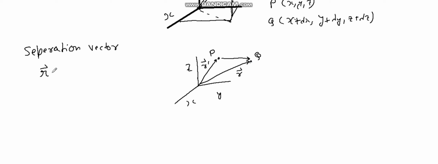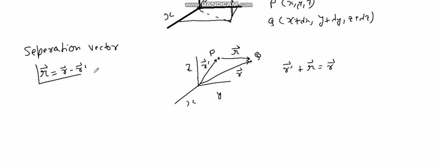Okay, so this separation vector R comes from the triangle rule. From the triangle rule we know that R prime plus this R vector is going to that R. So it is going to be R minus R prime.